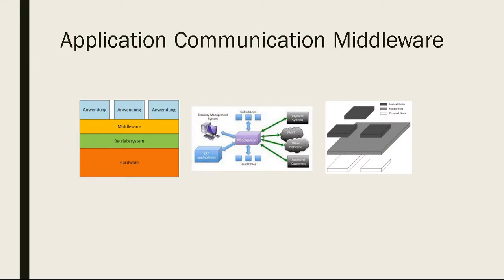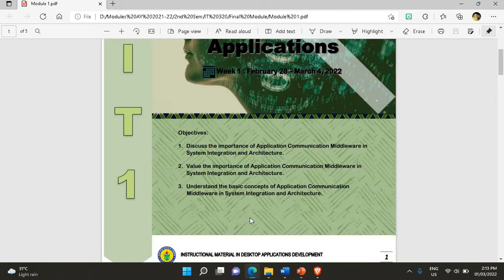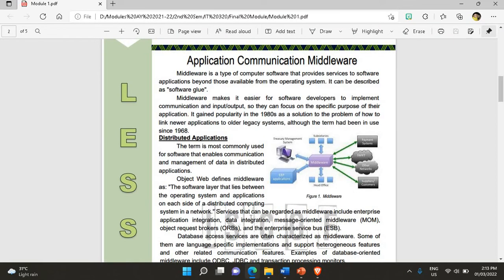The first topic that we are going to discuss now is application communications middleware, and you can see on your screen the diagrams on what its purpose is and its intention for development. Application communications middleware is a type of computer software that provides services to software applications beyond those available from the operating system.